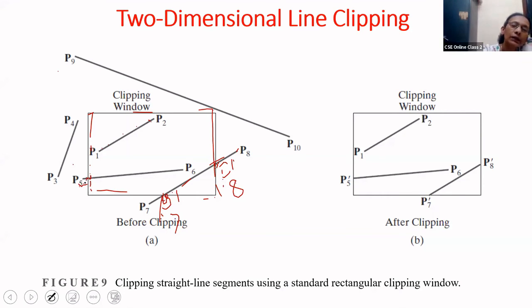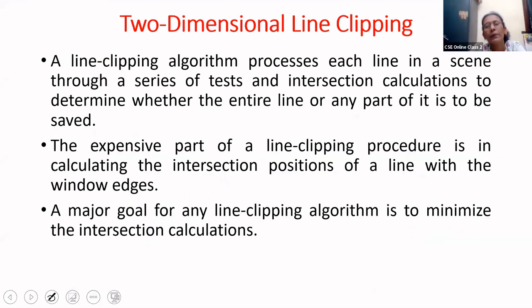So these calculations of intersection points like P5 dash, P7 dash, P8 dash should be minimized as far as possible. So we have different line clipping algorithms that have come up. The major goal of all these line clipping algorithms is to minimize the intersection calculations.